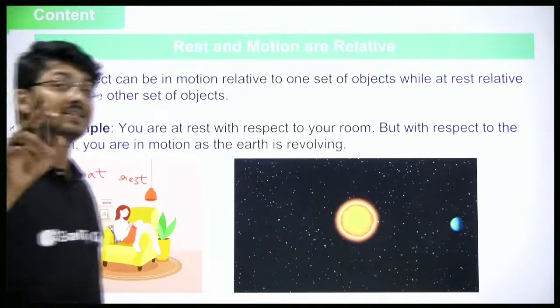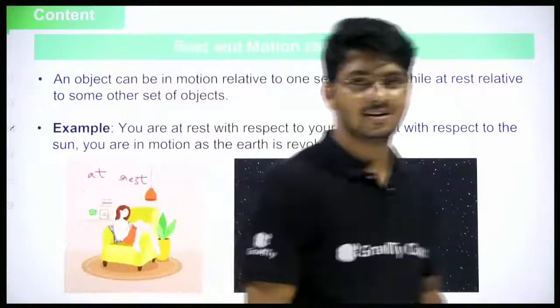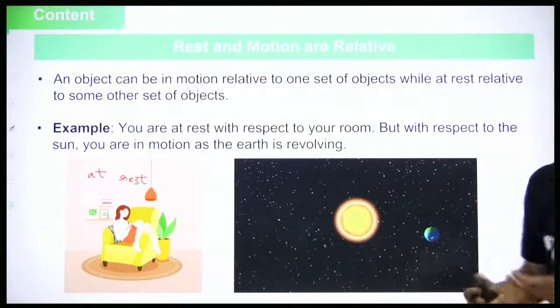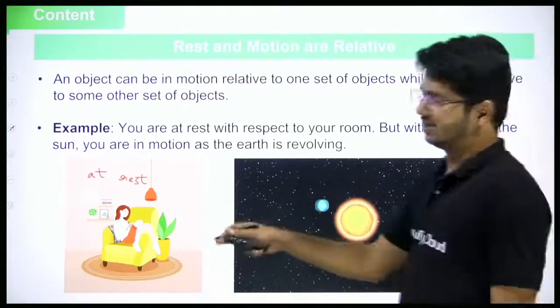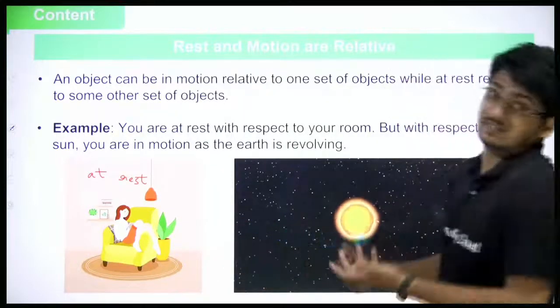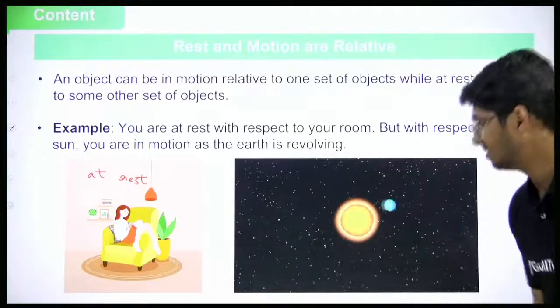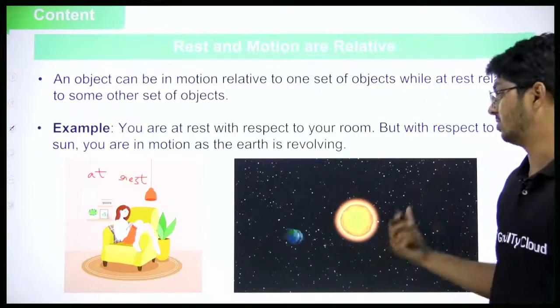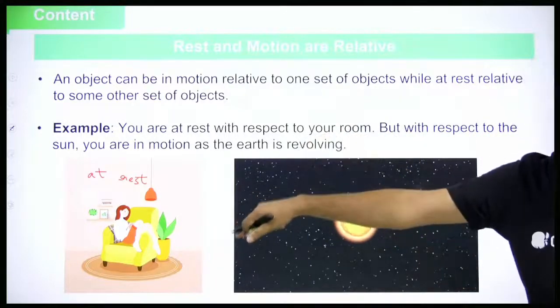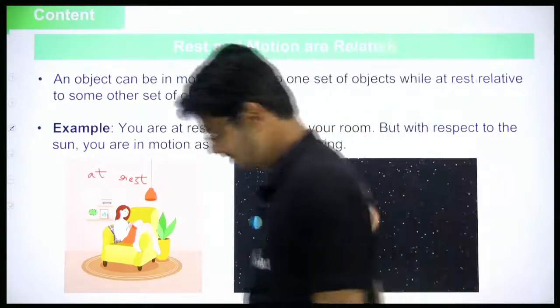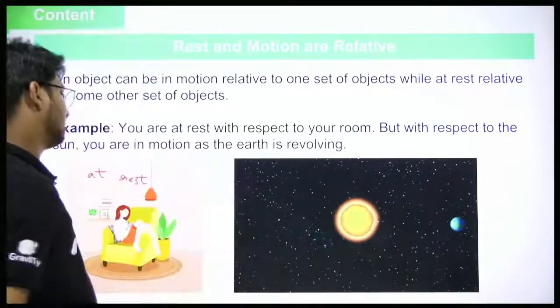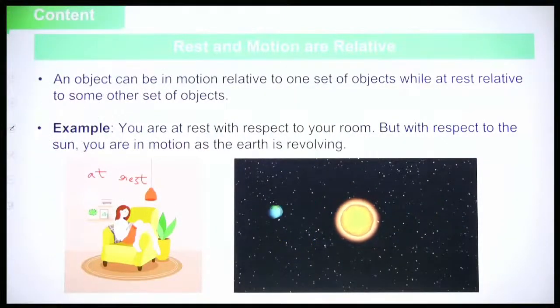But if you ask the same question to the sun, I'm asking the question to the sun, can you see the girl? The sun will say, yes, I can see the girl. The sun is powerful. So if I ask the sun the same question, is the girl at rest? What will the sun say?